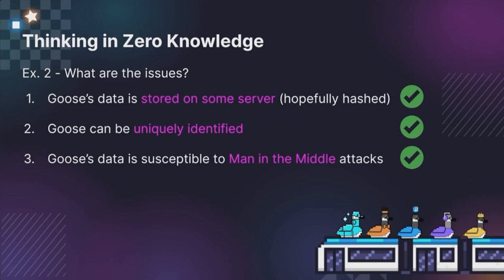And the third thing is the man in the middle. If a person has compromised the system and is able to retrieve the proof that the user has sent to the server, they can't really do much with that proof. It doesn't tell anything about the user data. So in a sense, we solve all these three issues. For the more experienced people in the audience, there are a lot of caveats there.